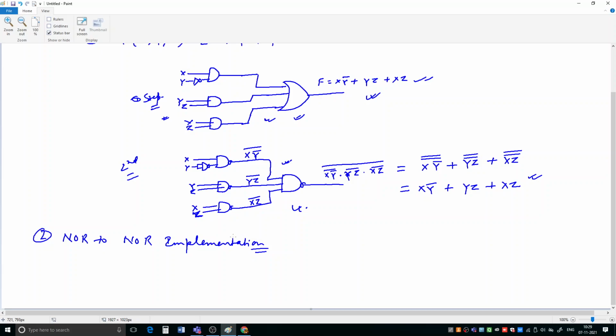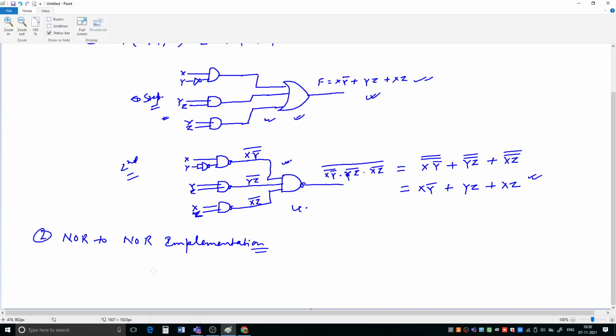Because any circuit can be designed using only NOR gates, or using only NAND gates. So here let me do NOR to NOR logic.